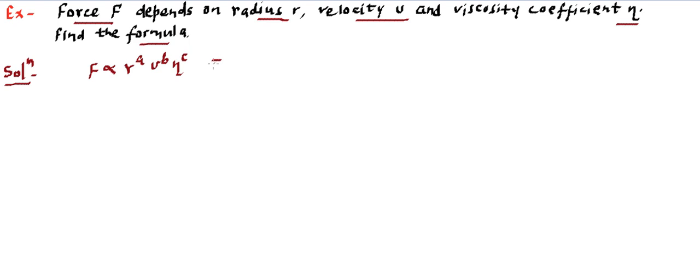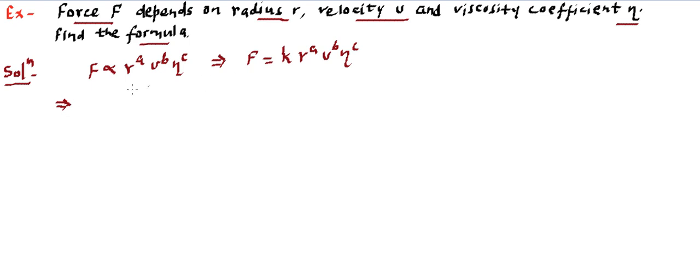Then we will claim that some constant has to come in to replace this symbol of proportionality. So F is going to be some dimensionless constant k, r raised to power a, v raised to power b, and eta raised to power c. Then we will claim that the dimensional formula on both sides must be identical, that means it must be dimensionally balanced.